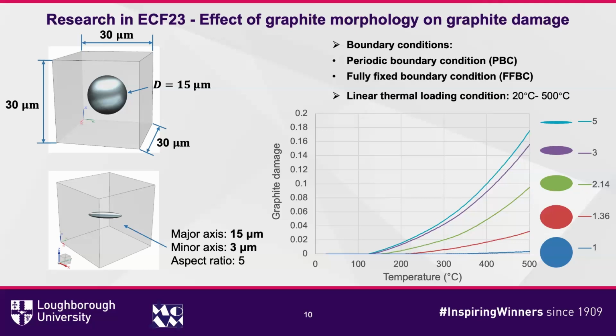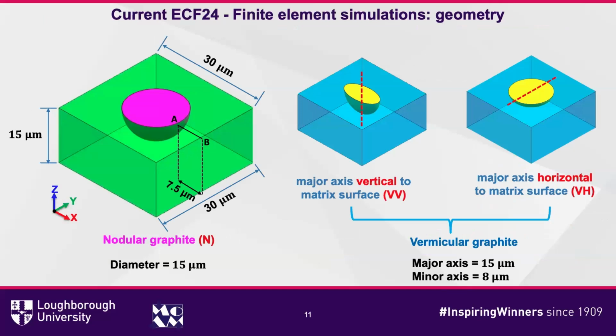Now here is a results example: the evolution of graphite damage as affected by the graphite microstructures. So in this research, today I would like to introduce another type of model, which is half of the full cubic unit cell.